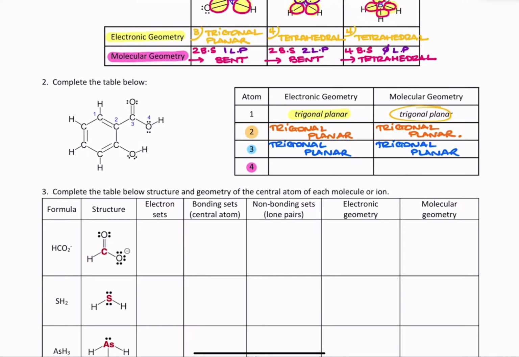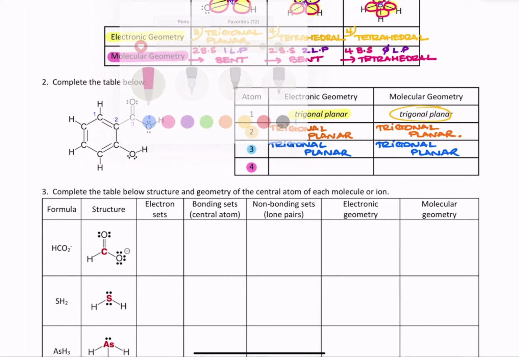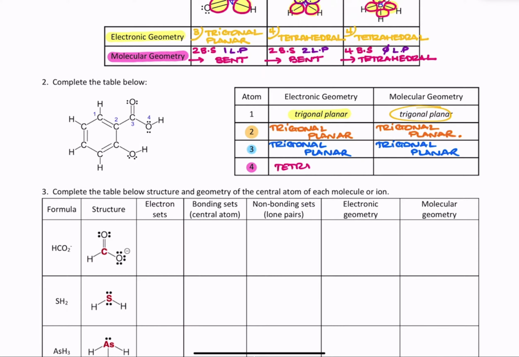This one is surrounded by 1, 2, 3, 4 sets. Therefore, tetrahedral. Out of these 4 sets, 2 are bonding sets and 2 are lone pairs, which gives a bent molecular geometry.